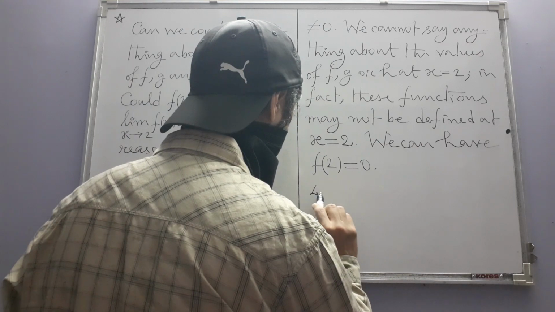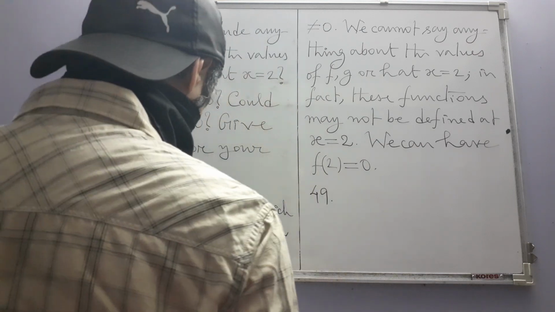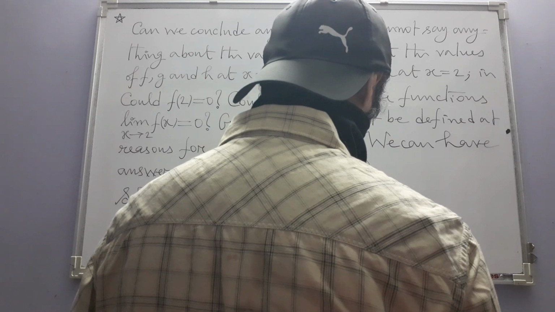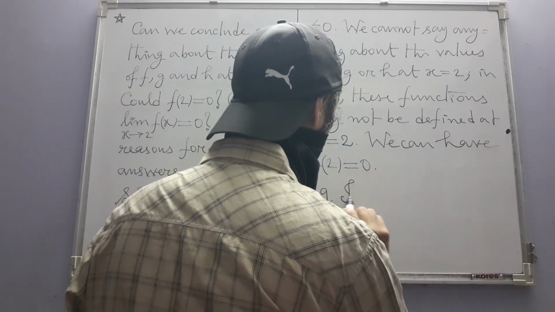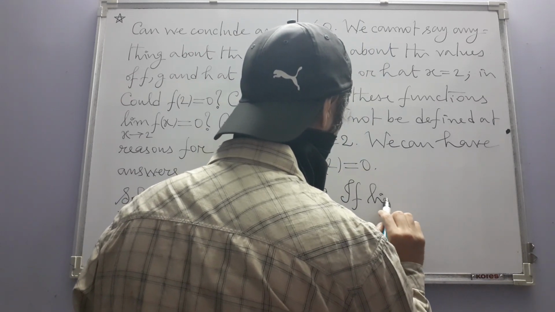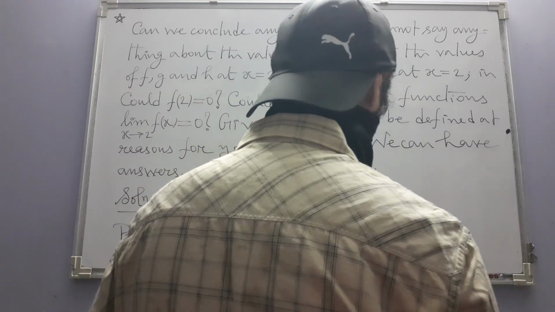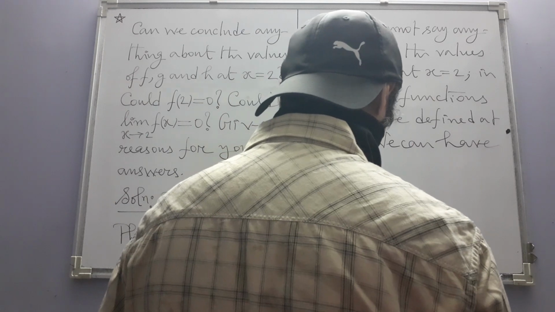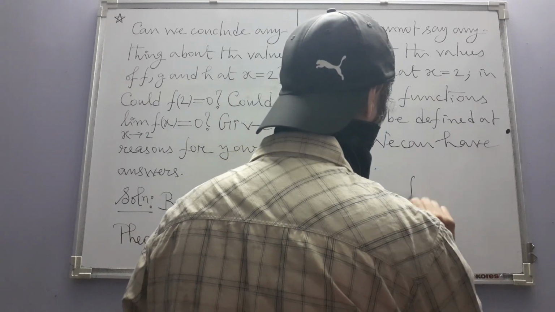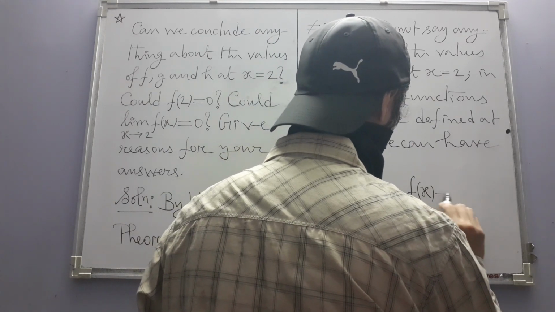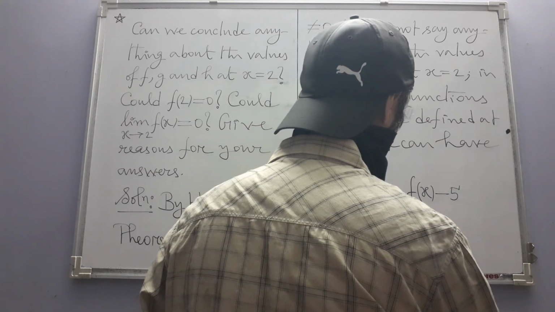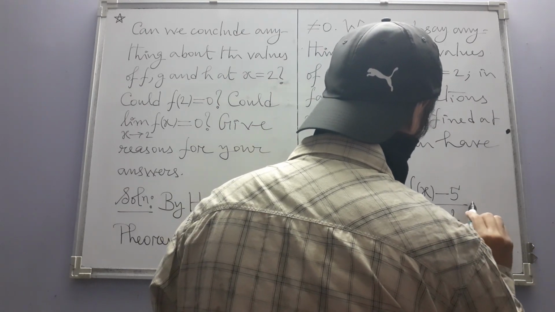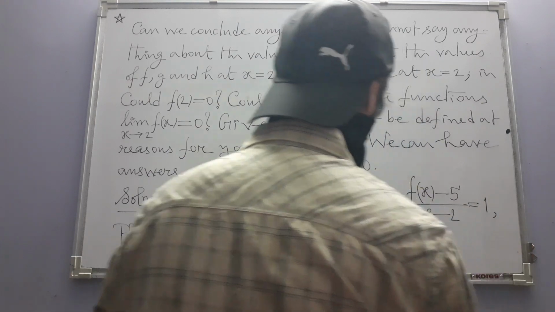Next, if the limit as x approaches 4 of this function, f of x minus 5 over x minus 2, is equal to 1.